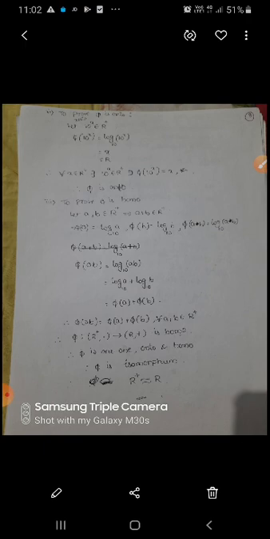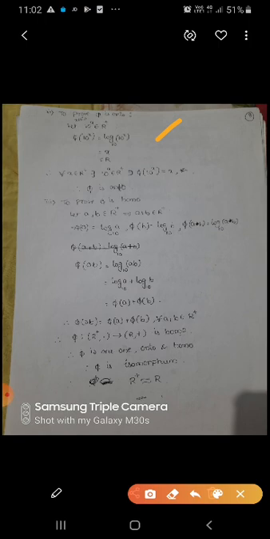So phi of 10 power x equals log of 10 power x base 10, which equals x, and that belongs to R. Therefore for all x belongs to R, there exists 10 power x belongs to R plus such that phi of 10 power x equals x. Therefore phi is onto.